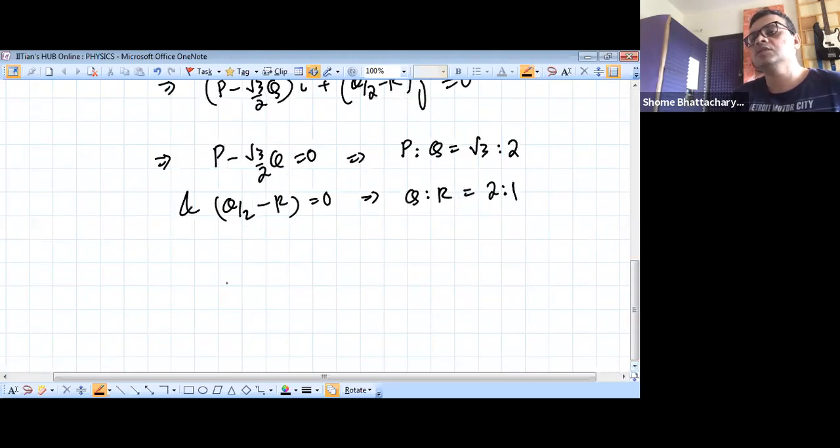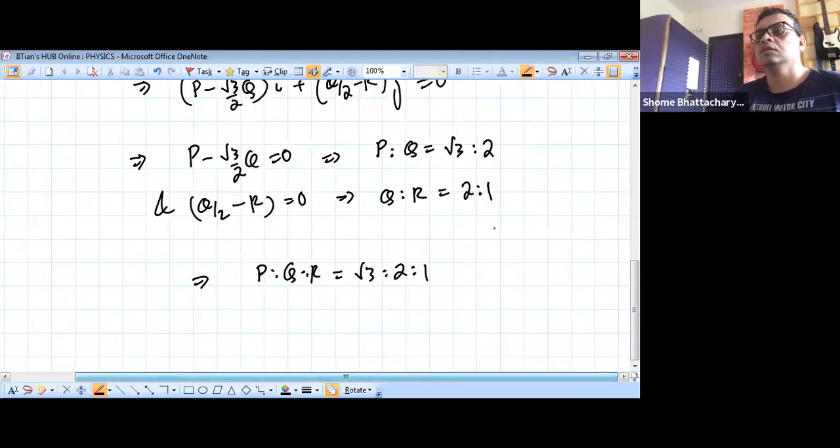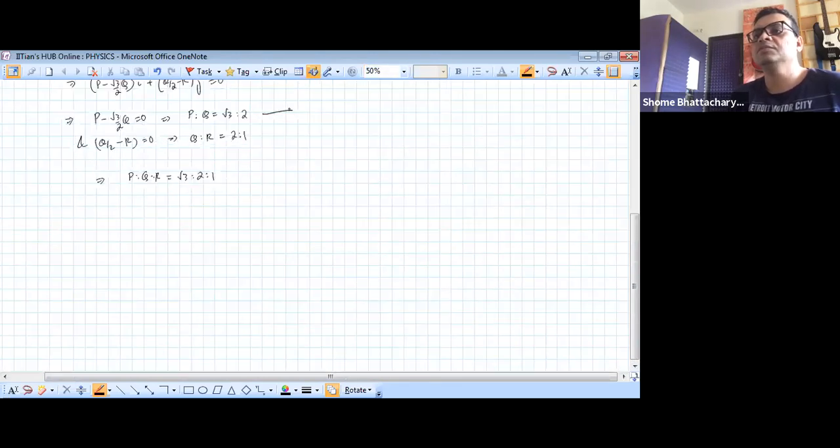So now from this you can see that P is to Q is to R will become root 3 is to 2 is to 1. Okay. What we can do here is simplify matters. This statement says that if P is equal to root 3x, then Q is equal to 2x.